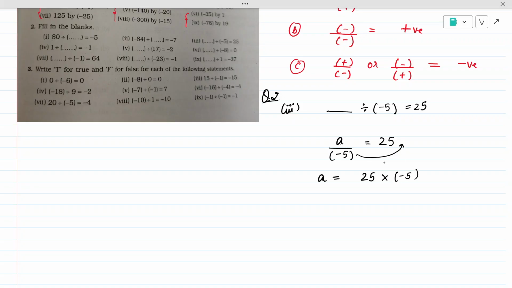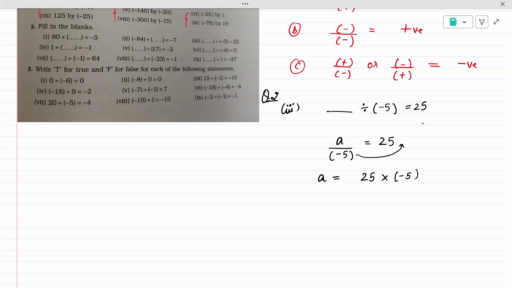See kids, understand this very properly, that here the first operation where minus 5 is involved is division. A is getting divided by minus 5. So this division will be changed to multiplication when we are moving this minus 5 from left hand side to right hand side. This is the first main point.